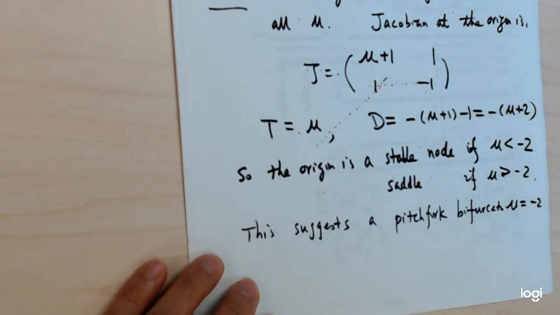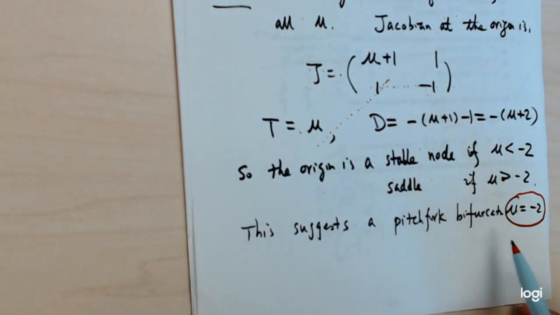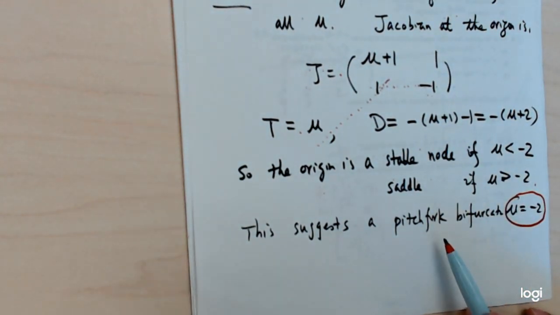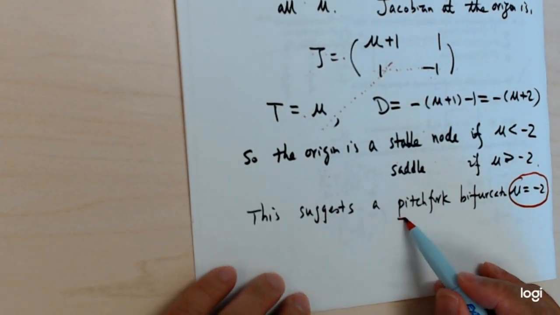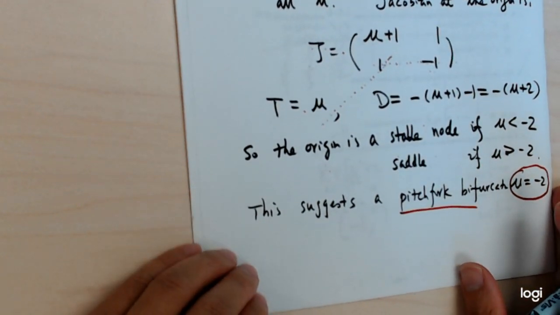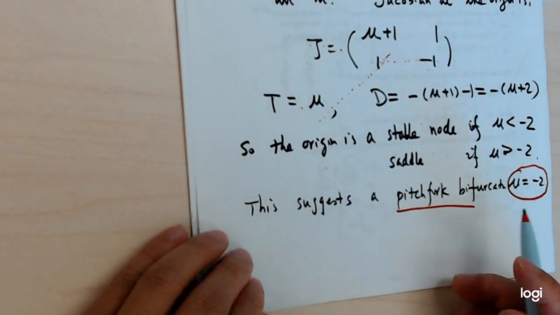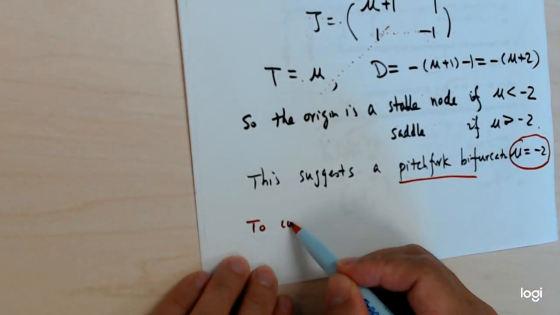So that's our guess, okay? Because that's where the stability changes. That's our guess. We need to confirm this, okay? We need to confirm that this is indeed a pitchfork bifurcation. In other words, there should be two symmetric equilibria.